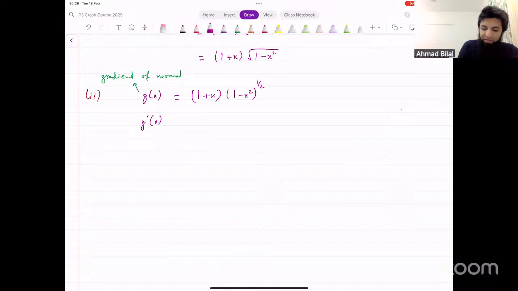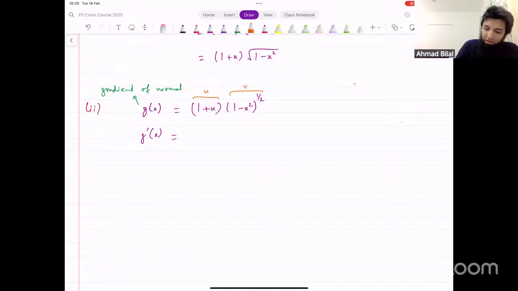Derivative of this, we can say that's g dash of x, g prime of x. It's a product, so we would have to use product rule again. We can say this is u and this is v. So the derivative is going to be u v dash plus v u dash: u as it is, into derivative of v, which is 1 over 2 times 1 minus x squared power 1 over 2 minus 1, that becomes minus 1 over 2, into derivative of this thing, which is minus 2x.